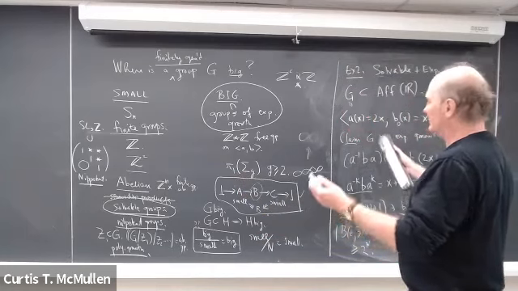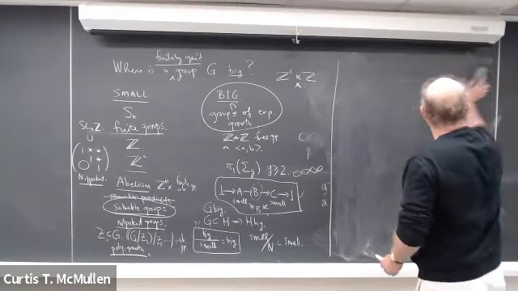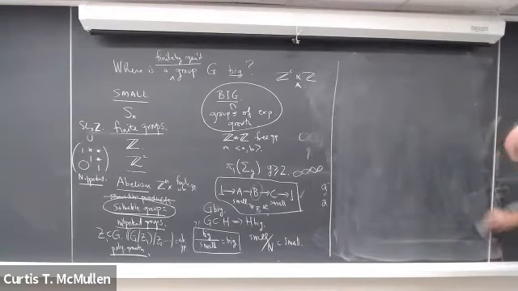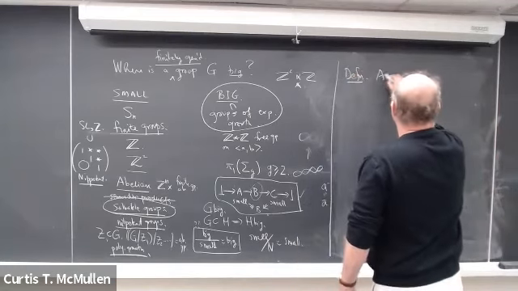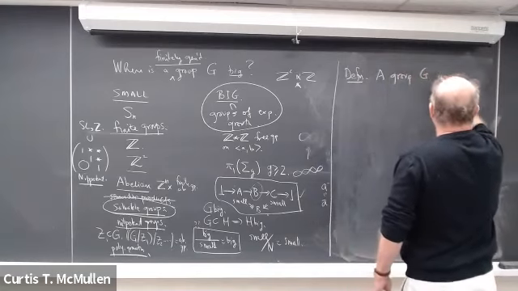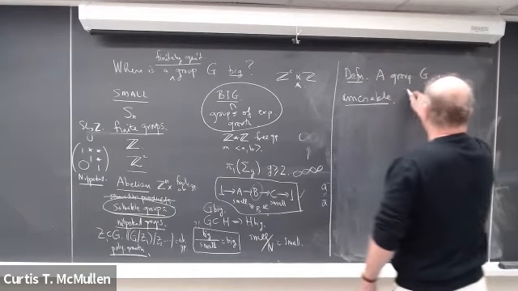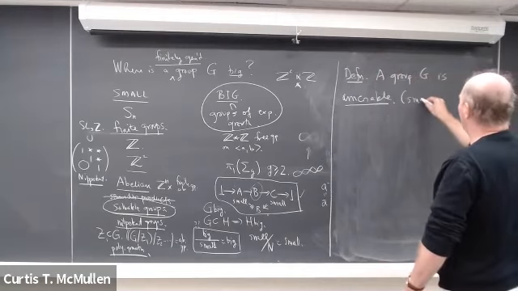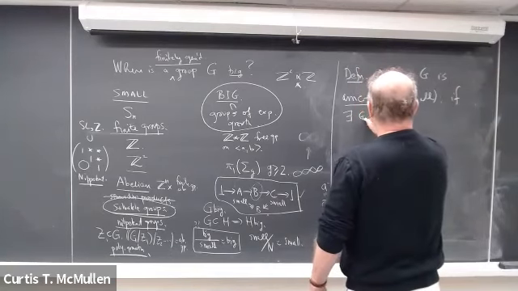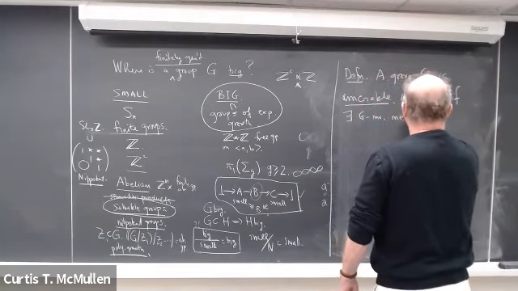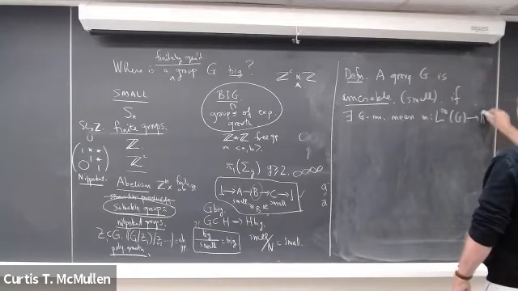Okay, so here's our list. Now comes the definition. A group G is amenable, and in terms of our previous discussion, this will mean small, if there exists a G invariant mean M from L infinity of G to the real numbers.